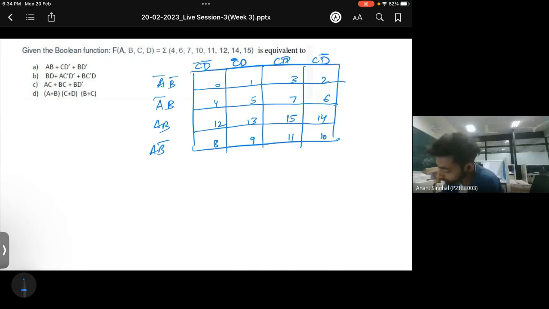Given 4, 6, 7, 10, 11, 12, and then 15. Okay, so one quad possible will be this, and will be this.